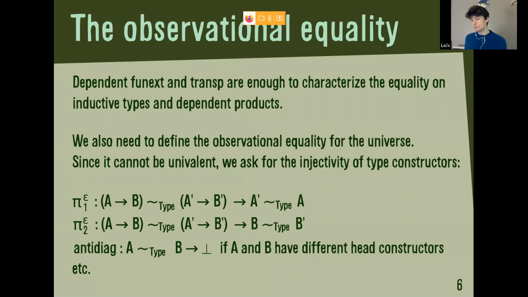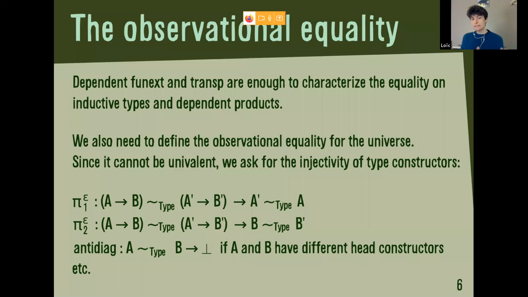Thus, in first approximation, we will ask for the injectivity of type constructors, which means that a function type can only be equal to another function type. The equality between a function type and, say, an inductive type will always automatically reduce to, well, imply a contradiction.